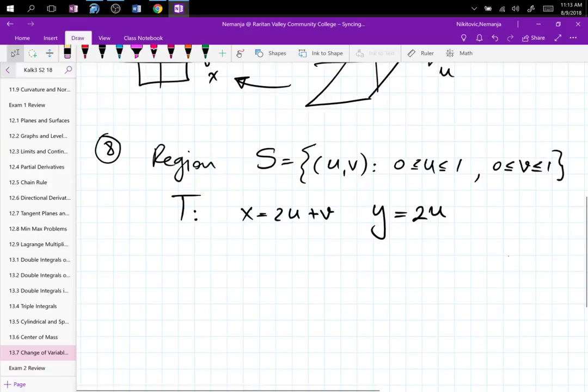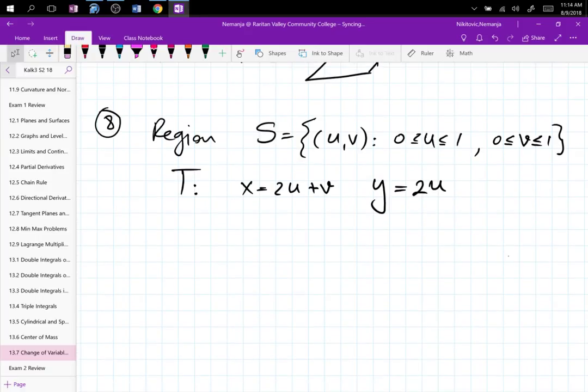So now I'm going to draw the input for this problem, and that is domain S, which is a square, and this square is in the first quadrant. So I'm going to use, let's say, 3 squares. There we go. And this is my square in the uv region.